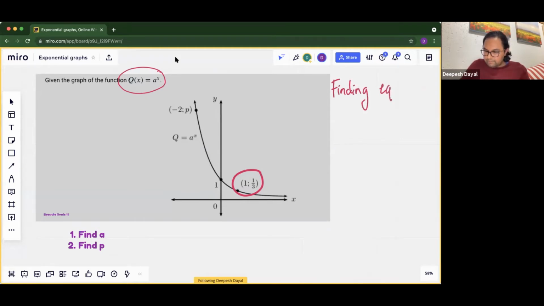Number 1, identify unknowns, which in this case is what? It's a, right? Number 2, find a point to plug in the equation to solve for the unknown.